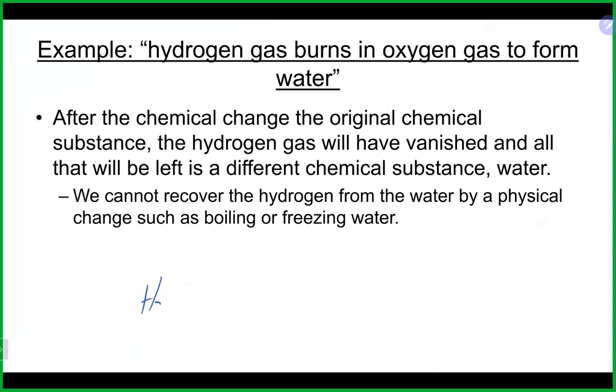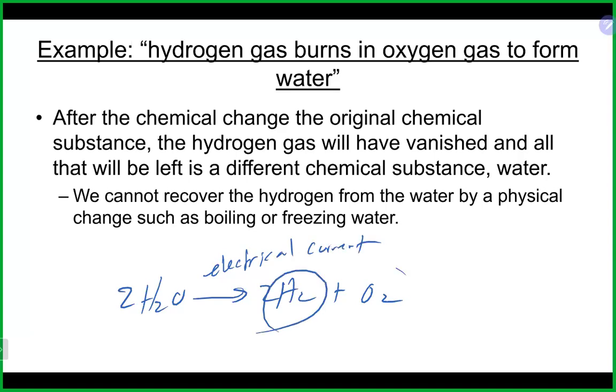So you could, if you wanted to, run an electrical current over it, and it will break it back into hydrogen gas and oxygen gas. But again, that is another type of chemical reaction that's occurring. That's what's referred to as decomposition, when you decompose something into its parts.